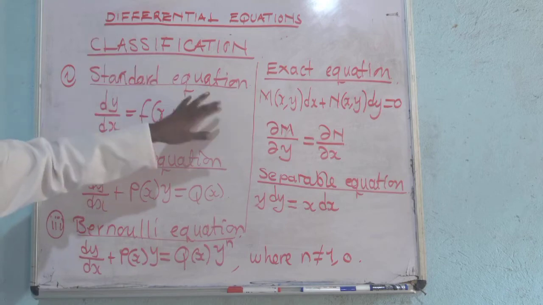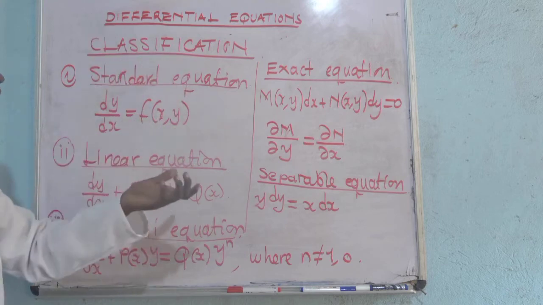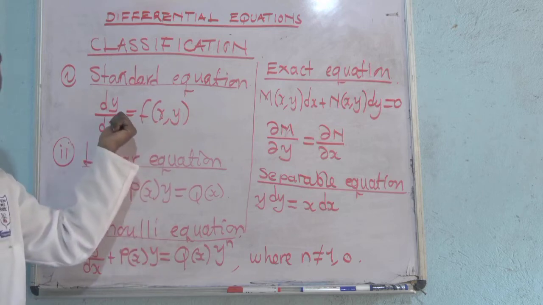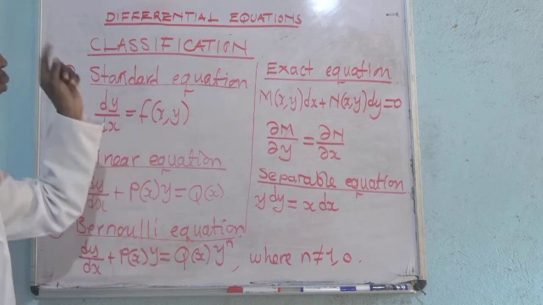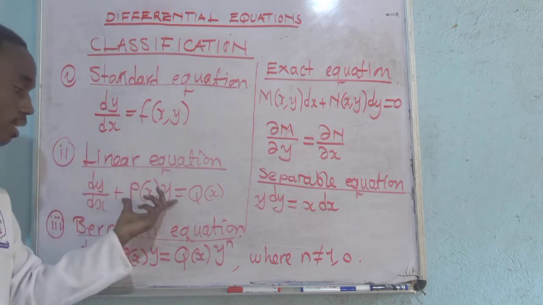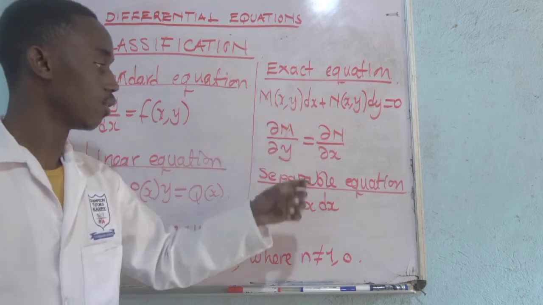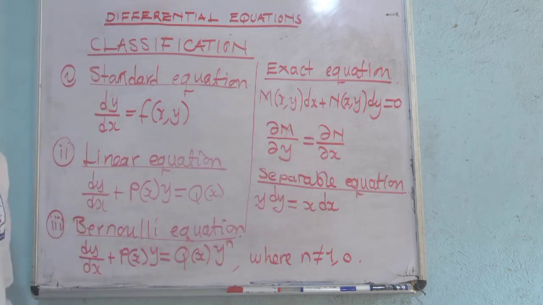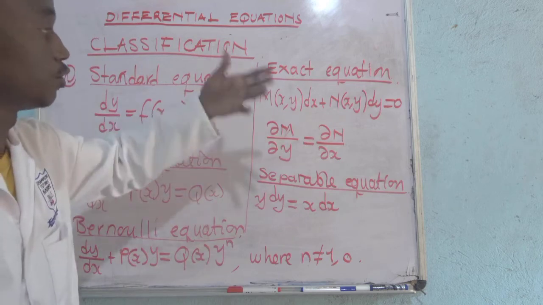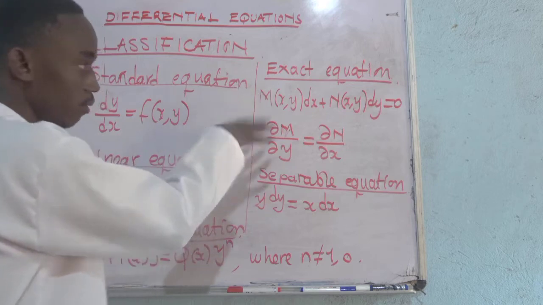From here, you should first of all be able to express each given equation in a standard form. Then from the standard form, we should be able to say, okay, the given equation is maybe linear, Bernoulli, exact, or a separable one. So basically these are a few things that you should be able to do. Let's look at a few examples concerning these.